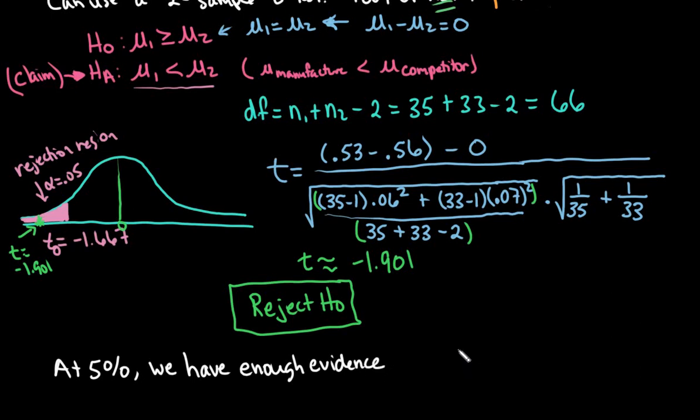And then here's the difference: you need to know where your claim is. Our claim is about the alternative. We rejected the null. So we're saying this doesn't appear to be true based on our evidence. Based on our evidence, we support the claim. So we have enough evidence to support the manufacturer's claim.